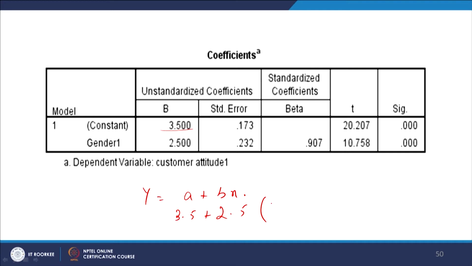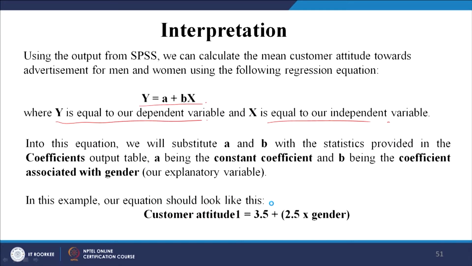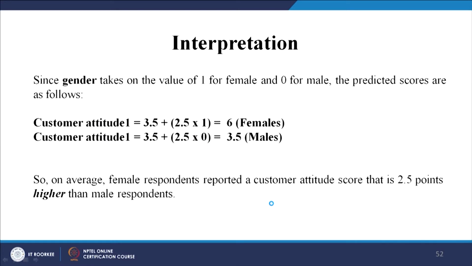We have said male was 1, female was 0. So, if you do that, the customer attitude for females is coming 6, for males it is coming 3.5. So, on an average, female respondents reported a customer attitude score that is 2.5 points higher than the male respondents.